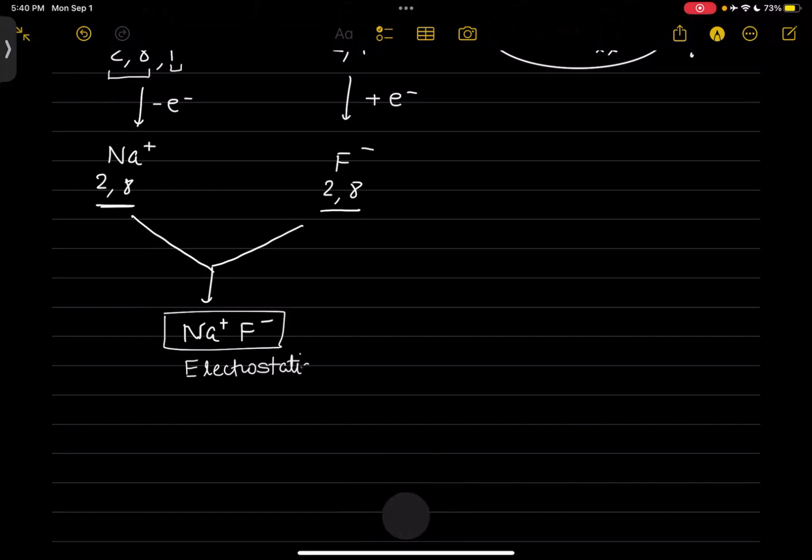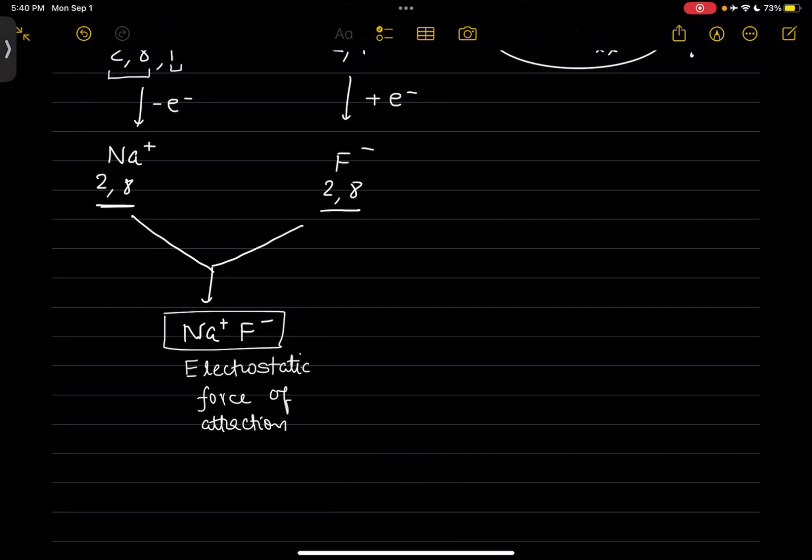What is electrostatic force of attraction, Abhina? Electrostatic is the attractive or repulsive force due to charges.